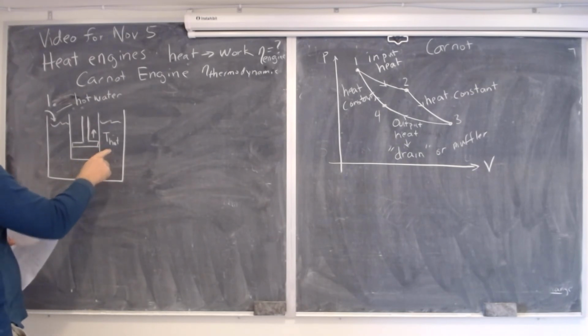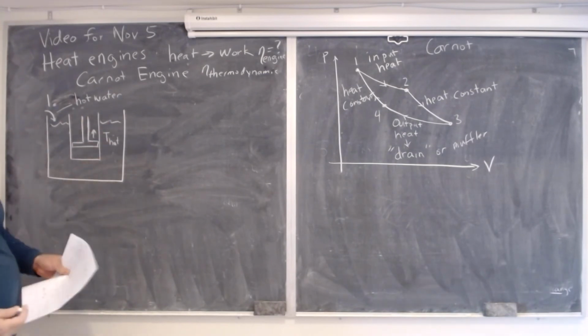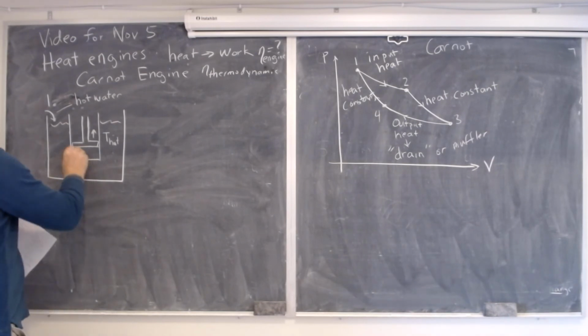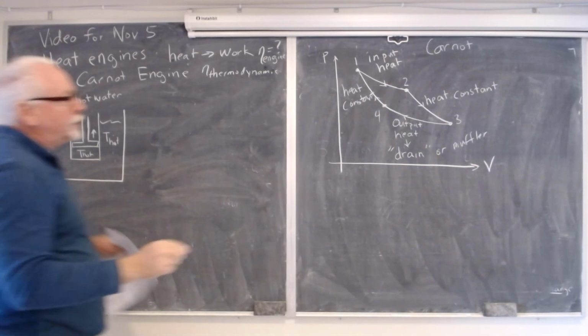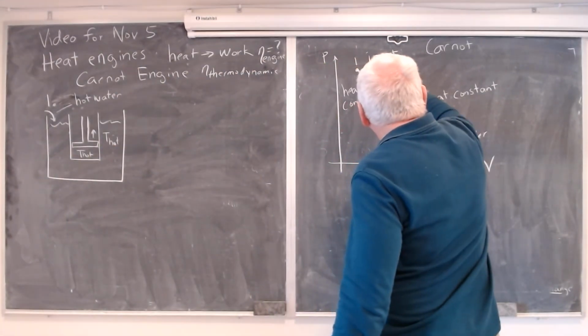Since in this hypothetical engine the sidewall of the cylinder is a perfect heat conductor, the gas is at T hot also. So from step 1 to 2, T is at T hot.